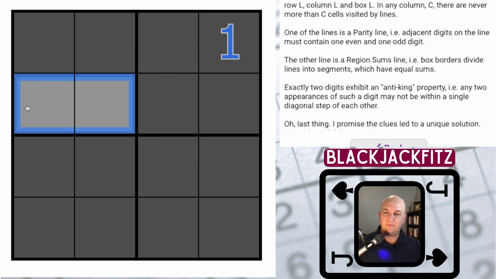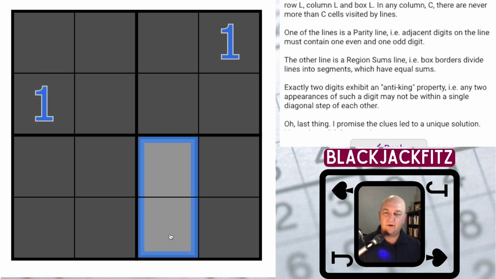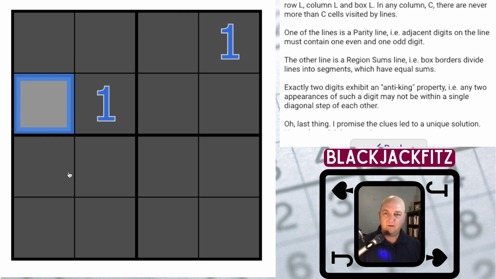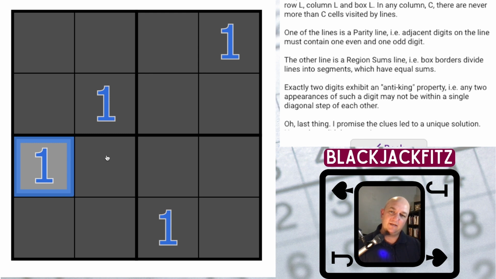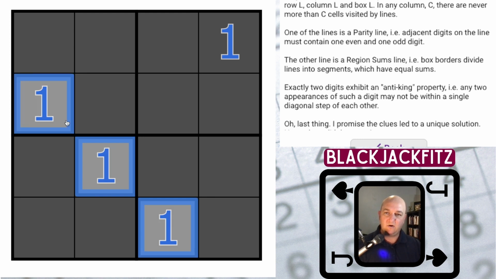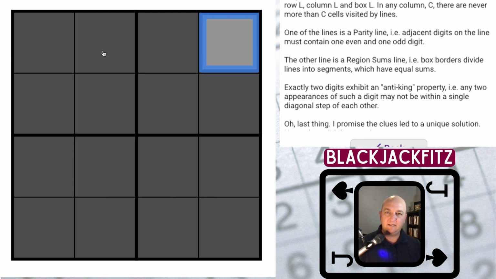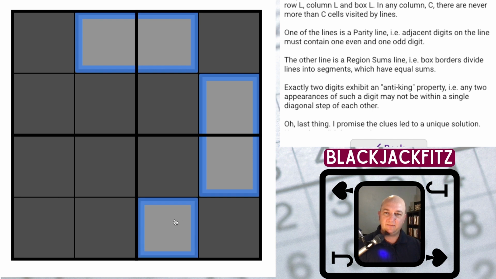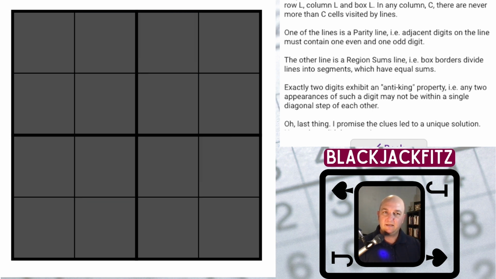So wherever we put here, let's say we go there. Now we're in this position where we need those two. Well, what about if we went there? Now it breaks. Yeah, it's interesting. If that's the one, then that becomes 1 and it breaks. So I think that's the point, is that these digits become the anti-king digits.